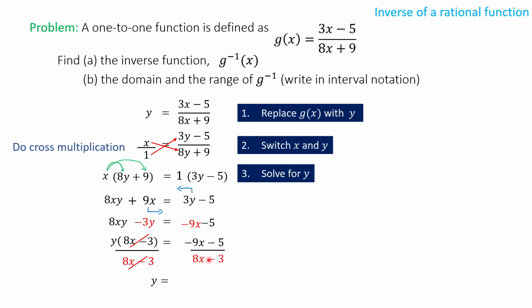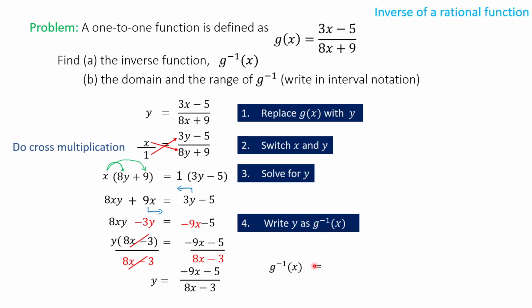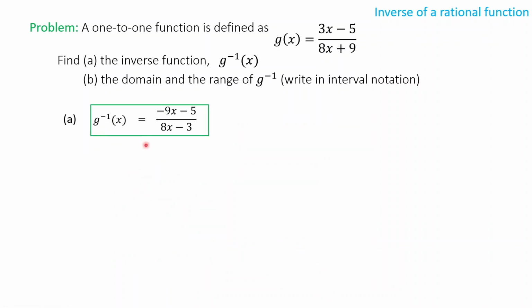So y is equal to this. This y is the inverse function. So write this y as g inverse x. So g inverse x is equal to this. This is the inverse function. We have done part A.